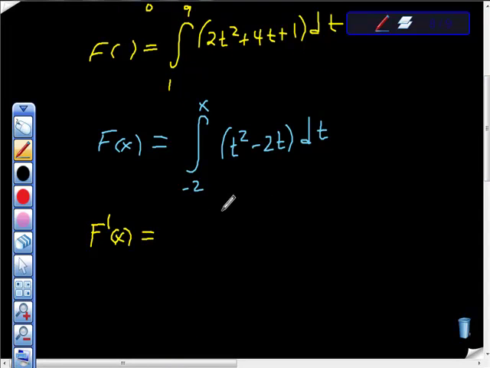What you can feel very comfortable doing is just substituting in, given we have just x up here. There's some different stuff, and I'm going to talk about that in a different video also. But assuming that you have just x here, then you can feel very good about saying that f prime of x is x squared minus 2x, and that is your answer. And now you're like, Charlie, is that it? Yeah, that's kind of it.